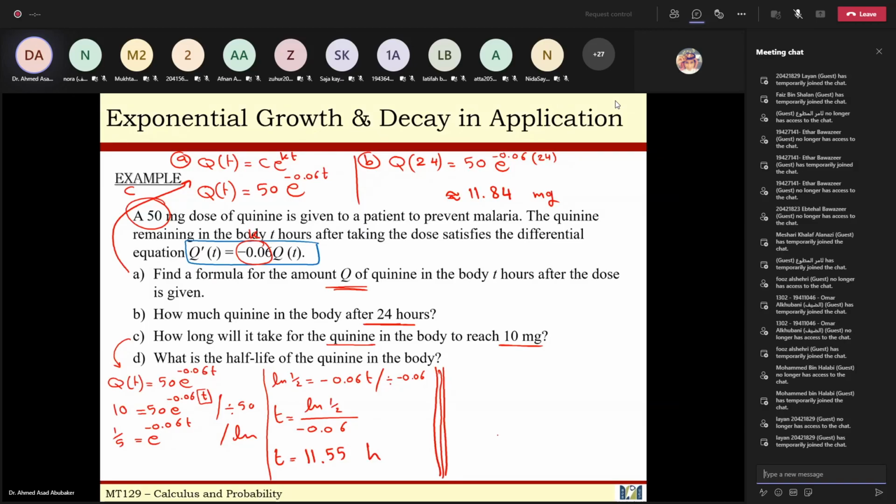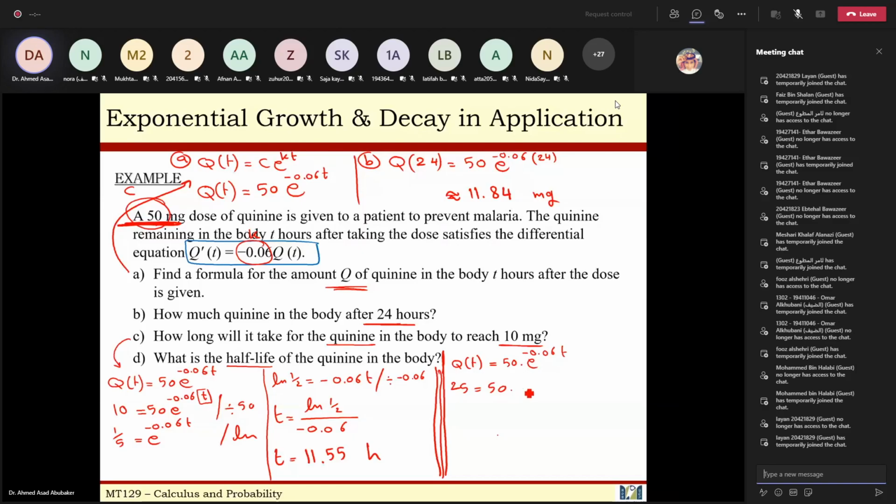Now, what is the half-life? Half-life means the quantity of quinine equals half. So we have a dose of 50, and half-life is 25.